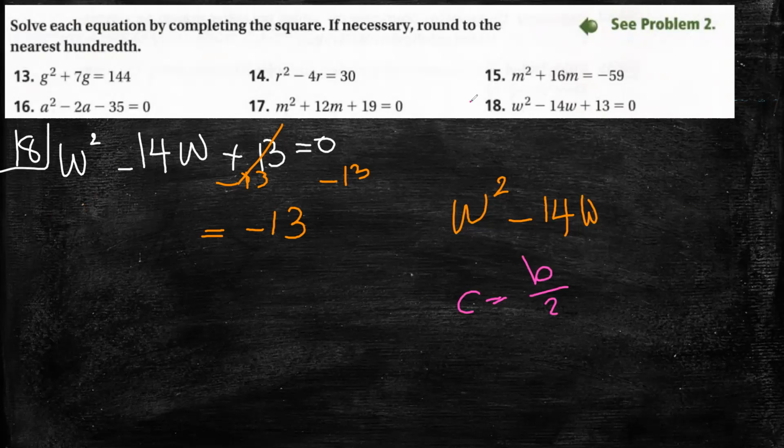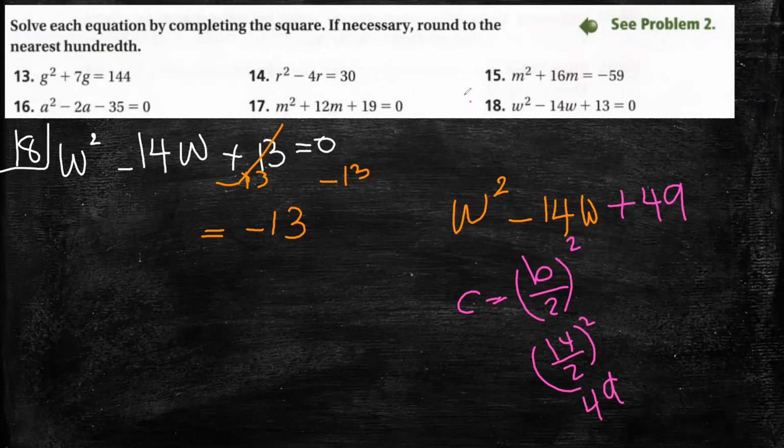And I want to find c, since it is a perfect trinomial, perfect square. So b over 2 squared. 14 over 2 squared. 14 over 2 is 7, squared 49. So I found c now.